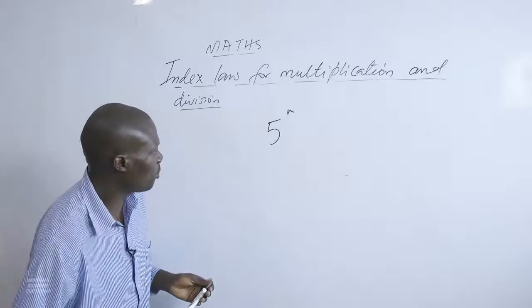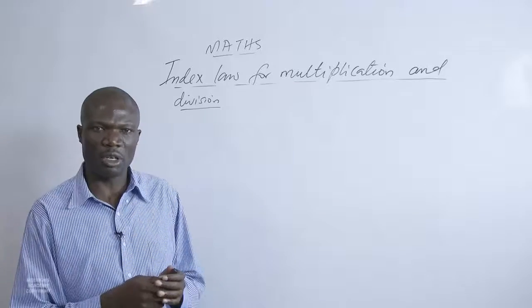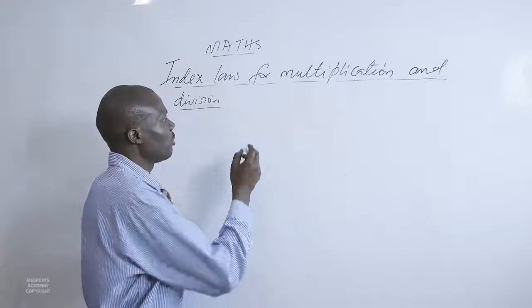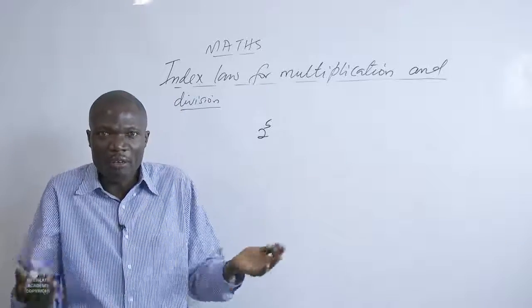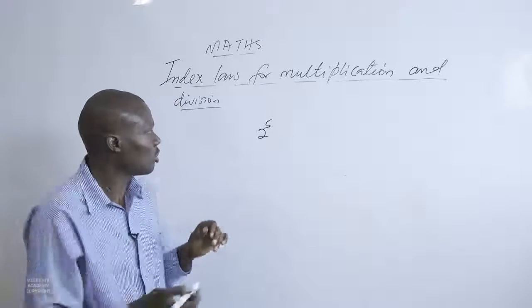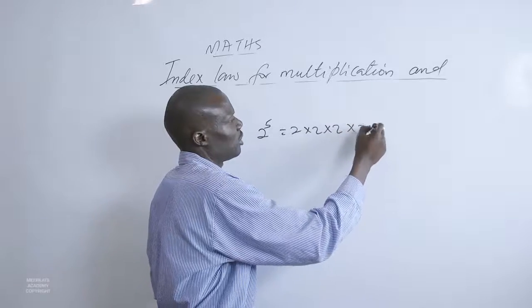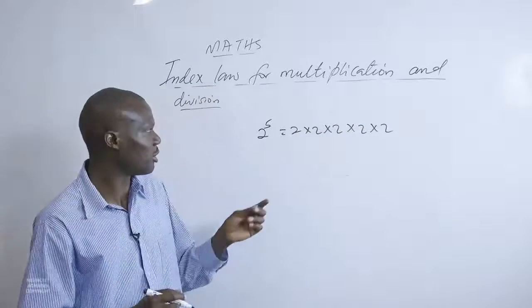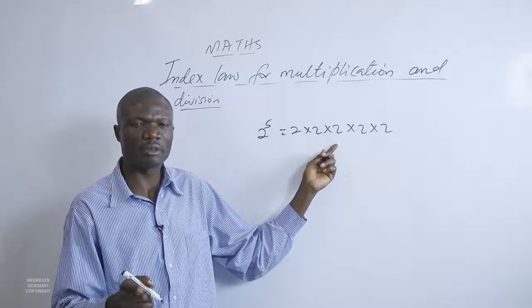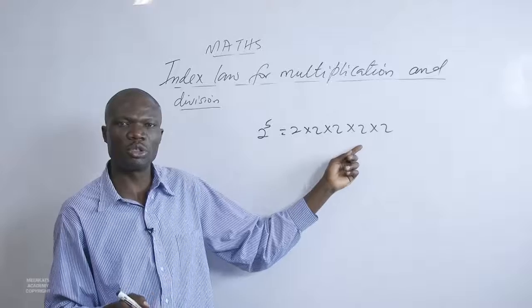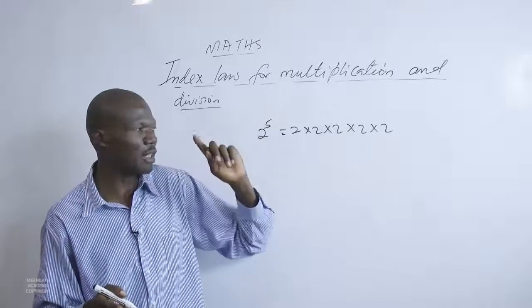It is also possible that we look at a number raised to a power and we get the solution. If you are given 2 raised to power 5, what is the value? Because you'll have this one as 2 times 2 times 2 times 2, 5 times. 2 times 2 is 4. 4 times 2 is 8. 8 times 2 is 16. 16 times 2 is 32.